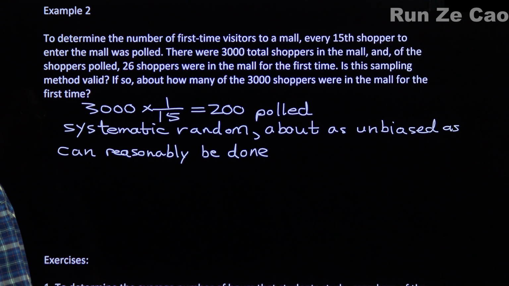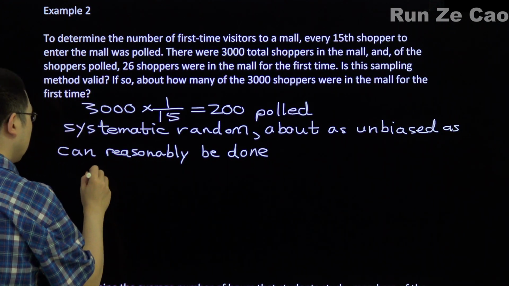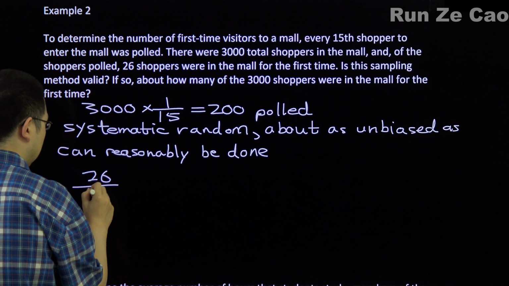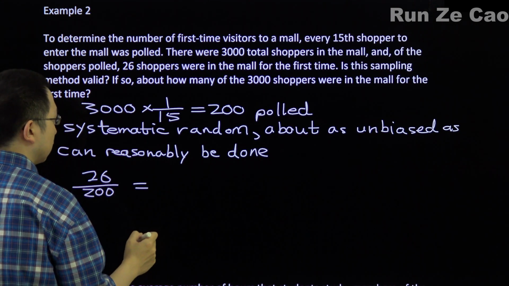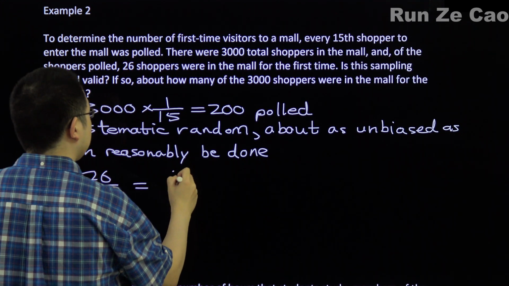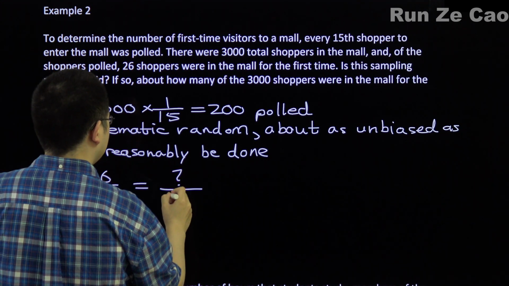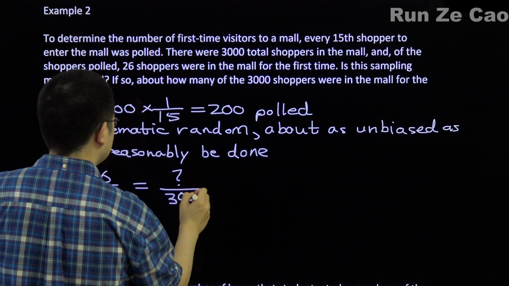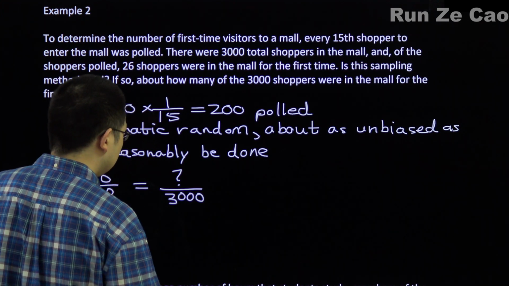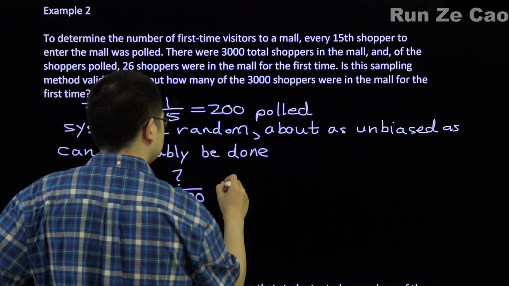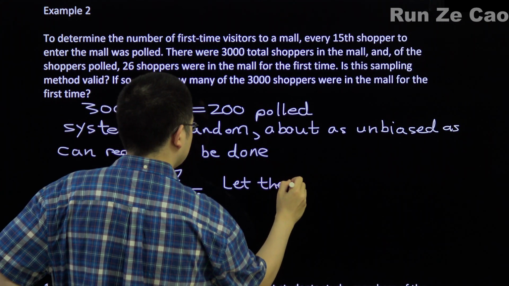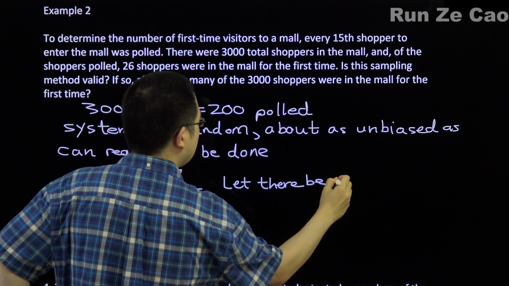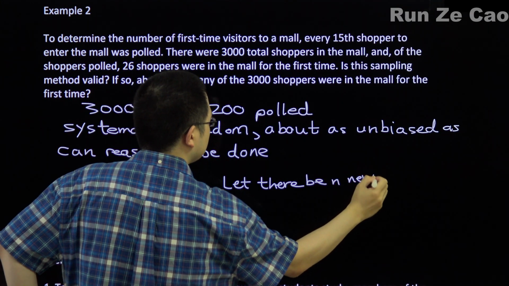So 200 polled. 26 new out of 200 is equal to how many out of 3,000? Well, let there be n new shoppers.